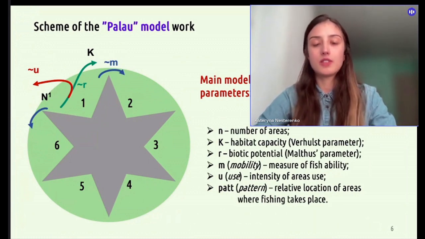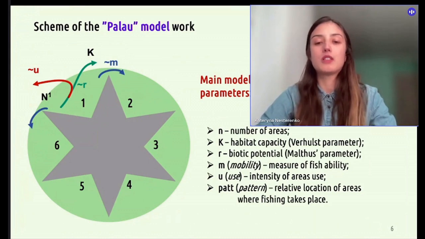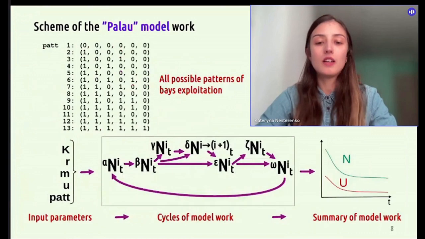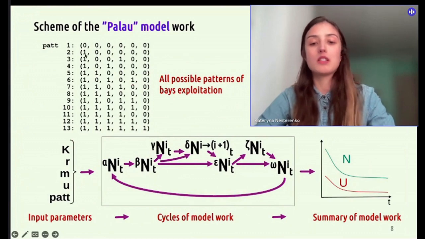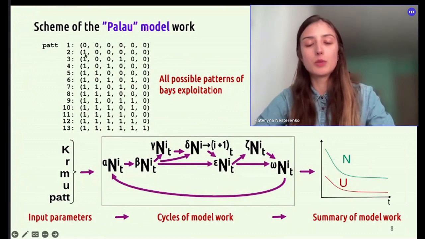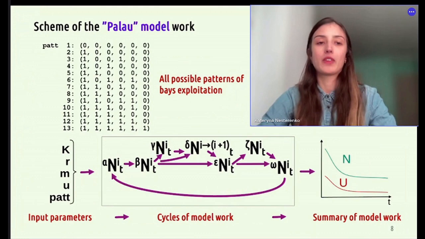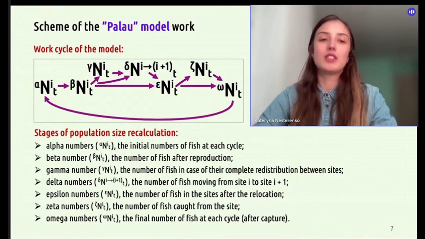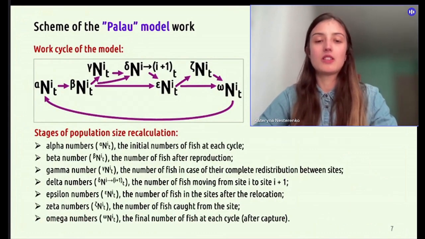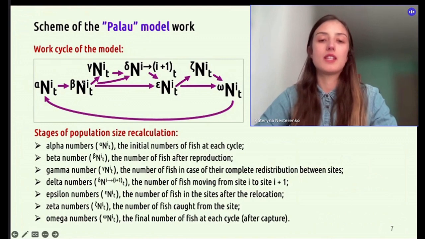By setting different usage patterns for these areas, we identified 13 patterns, where 0 represents no fishing and 1 represents permission to fish in this area. The model is built in such a way that the work cycle is performed step by step from the initial number of fish.